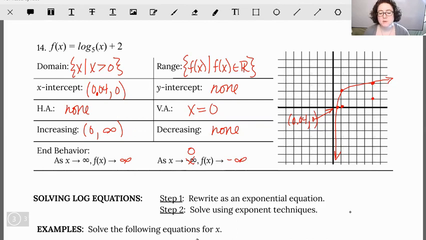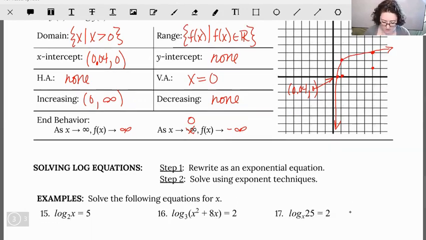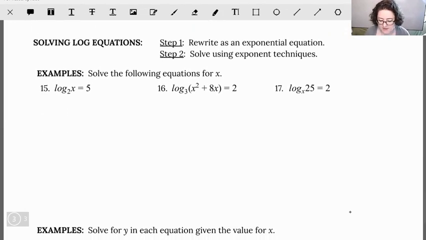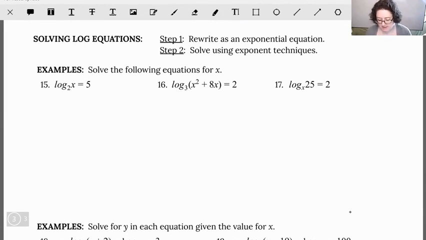Alrighty, the last piece that we need to look at is solving equations. So again, if you need to take a quick break, go ahead, pause the video, and then we'll check out the last two sets of examples. Alrighty, so here we go. Two ways that we might see these happen. When we're solving log equations, again, the easiest thing is let's change the format into something we're used to dealing with and then go from there.